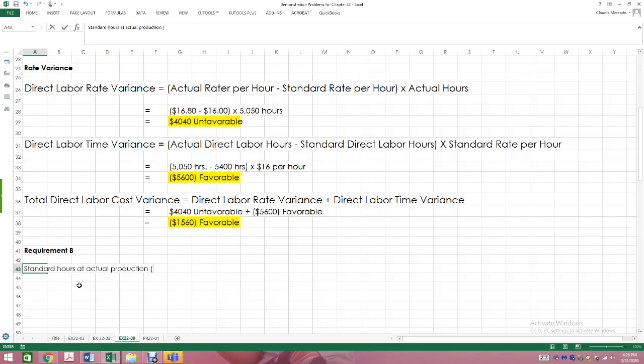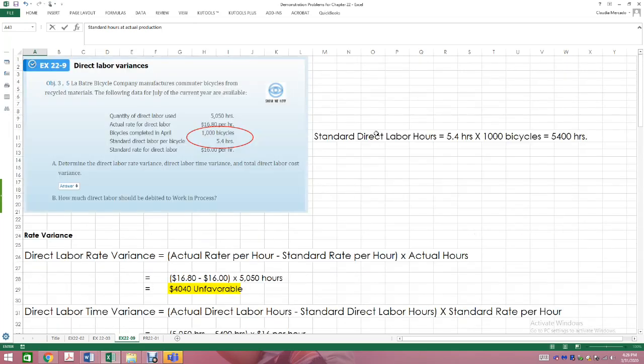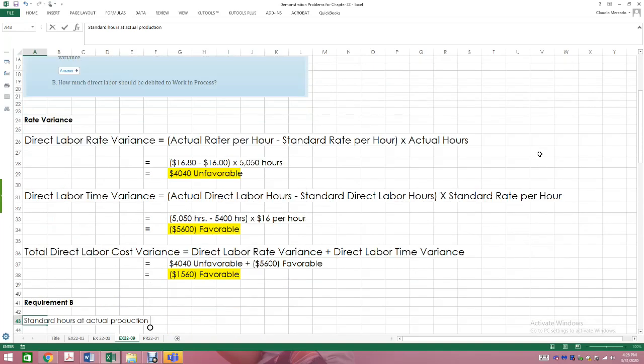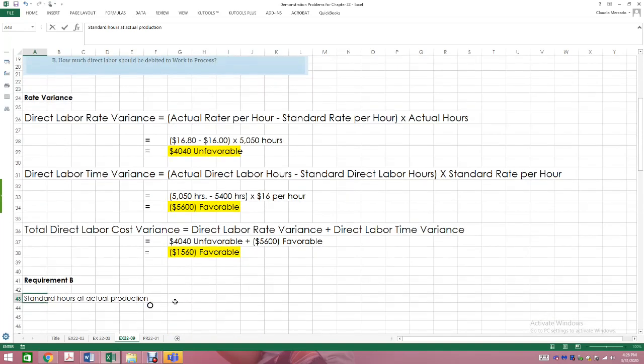And we calculated our standard hours at actual production up here. Standard direct labor hours, the 5.4 hours times my 1,000 bicycles, we have 5,400 hours.